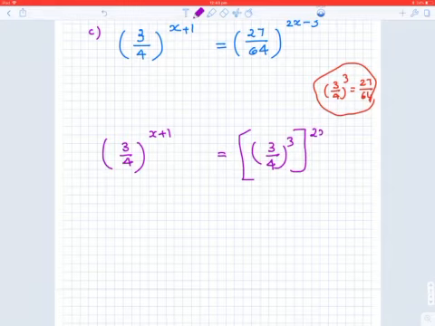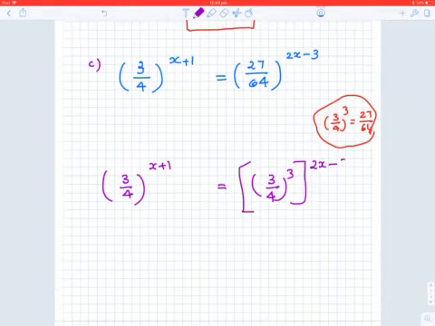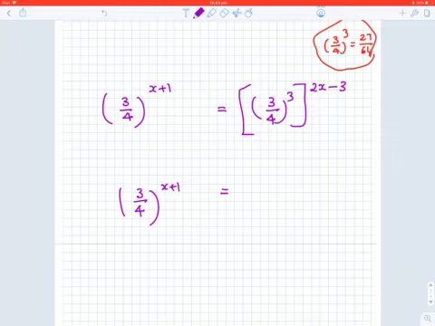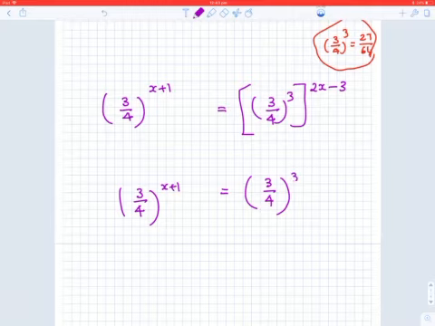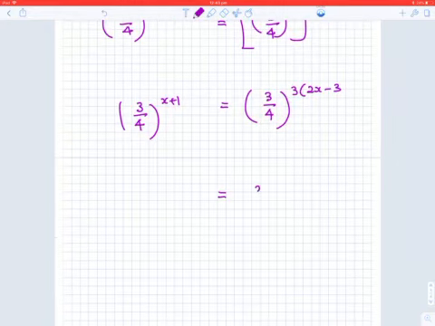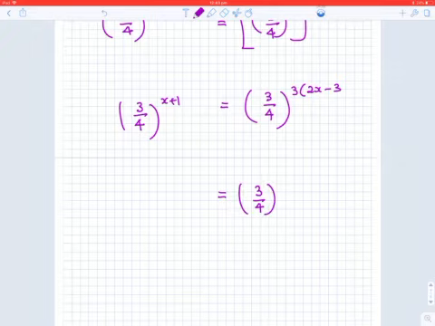I'm going to write it as 3 over 4 to the cube, the whole power 2x minus 3. Now the next line, you can't do anything with that. I'm writing this as it is, x plus 1, but the other side can be written as 3/4 to the power 3, bracket 2x minus 3.